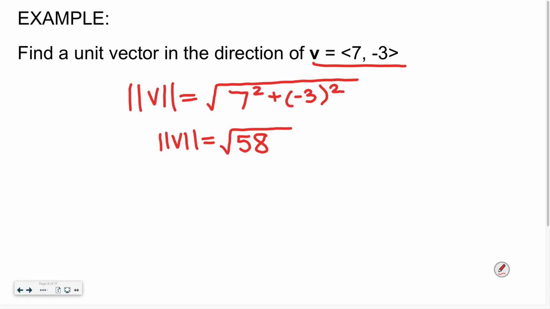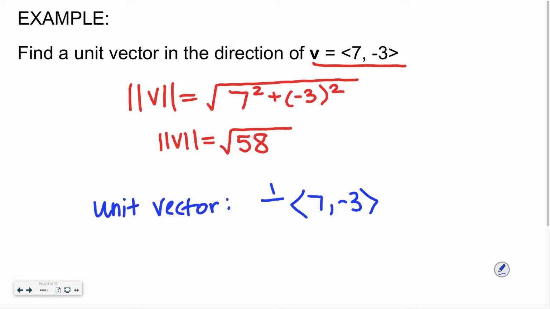Okay. So if we want a unit vector in the same direction, we're going to keep 7, negative 3, but we're going to multiply it by 1 over the magnitude.